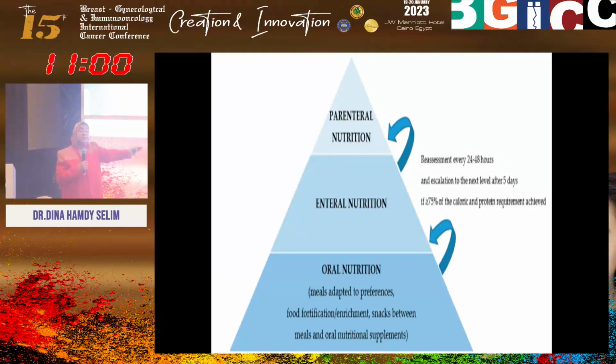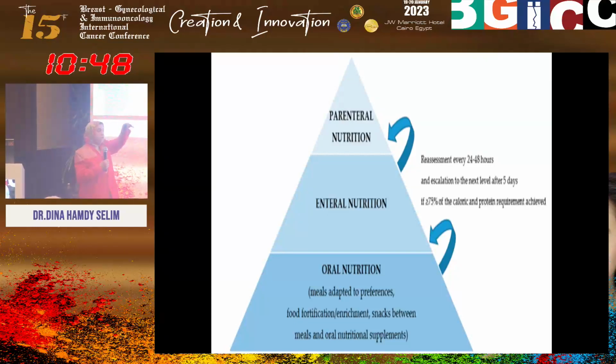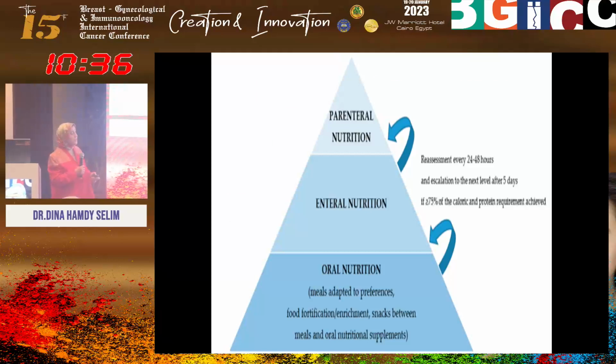If your patient is not taking his total needs, we have to initiate enteral feeding. If it's impossible to initiate enteral feeding, we proceed to parenteral. But we have to stick to the order. Do not jump over any one of them, starting with oral feeding as long as the GIT is functioning.